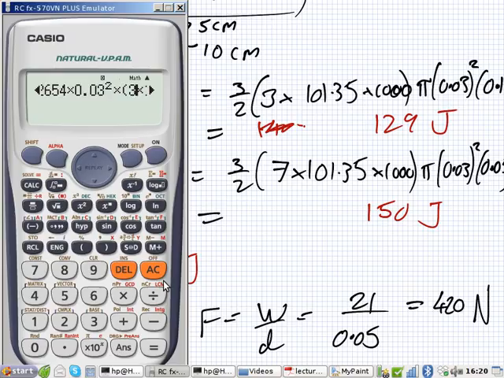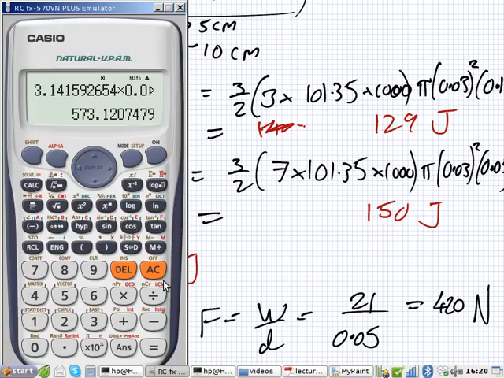Maybe use the difference, 7 minus 3, which is 4. Nothing closer.